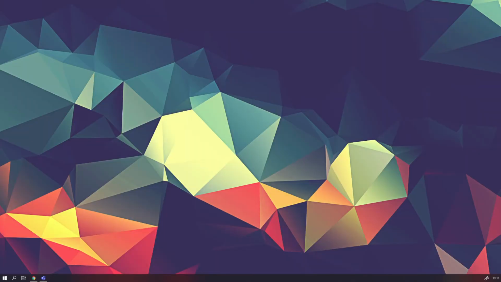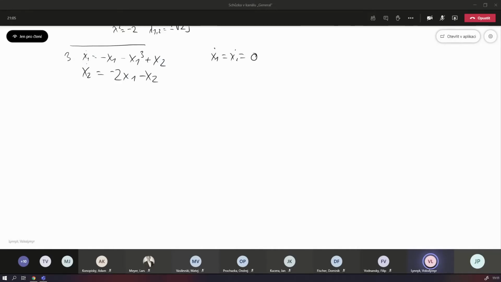x1 dot equals x2 dot equals 0, and then we can find that there is only one equilibrium point, and some people solved for imaginary equilibrium points, yeah. You don't need to solve for any of those, you need to solve only for the real equilibrium point, because as you know, for example, when we solve some physical system, the equilibrium point is always real.